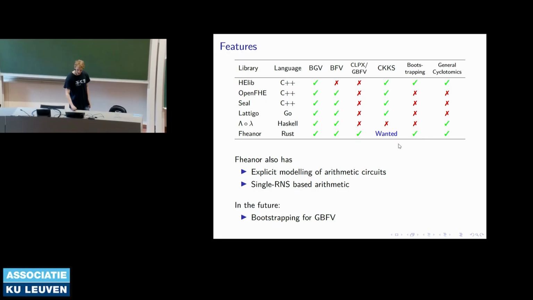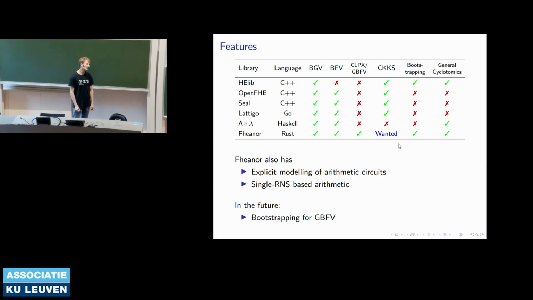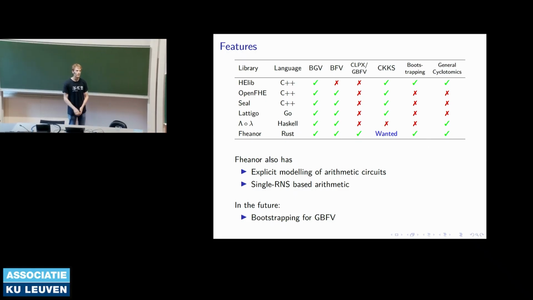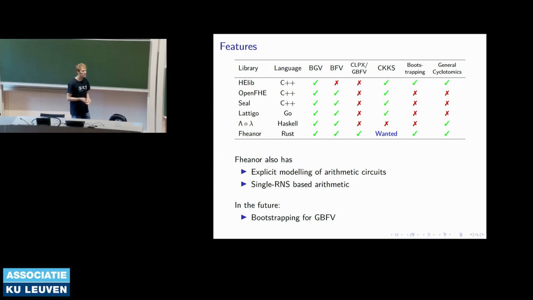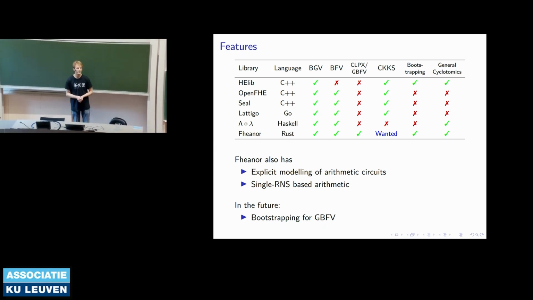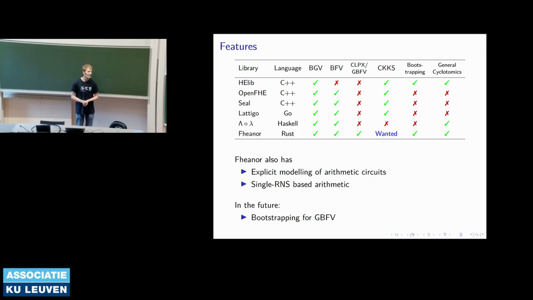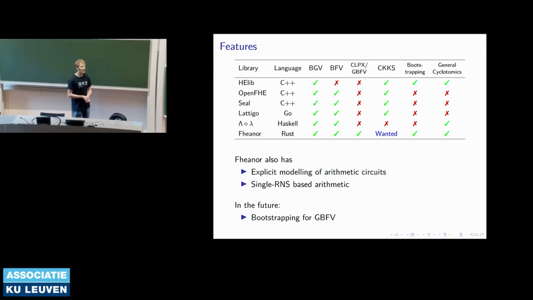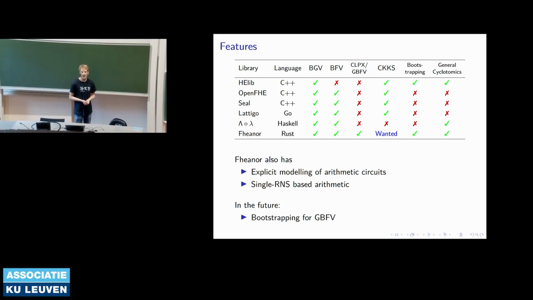It's similar for CKKS. I think it should be easy to implement in Fheanor, but I'm not too familiar with CKKS, so I didn't implement it so far. Since we put the paper on ePrint, I already got lots of emails from people asking me to implement CKKS. I usually try to reply with, I will if I find time.